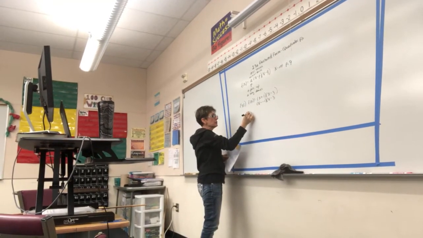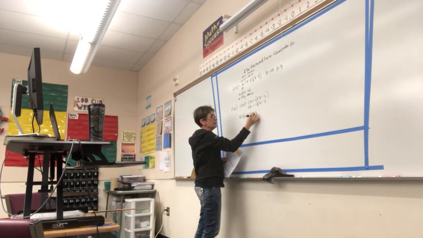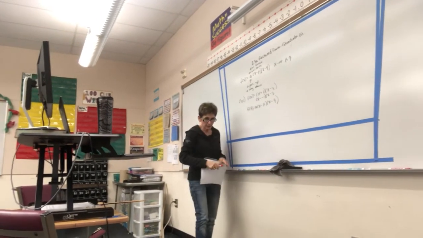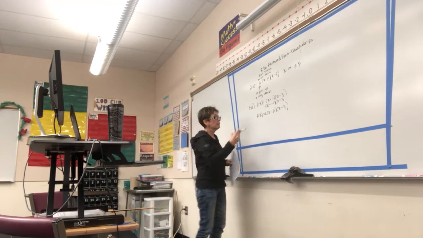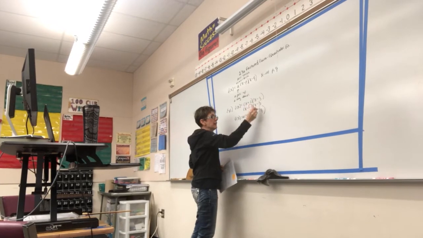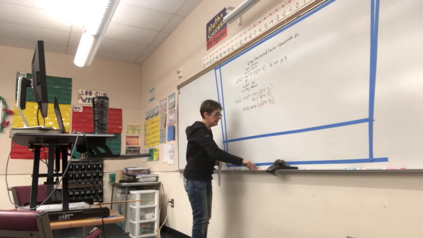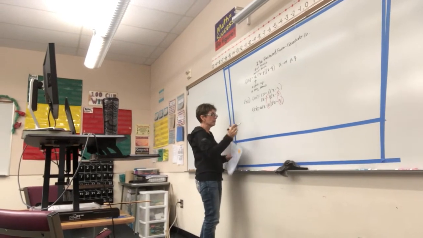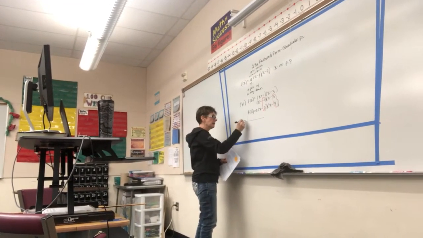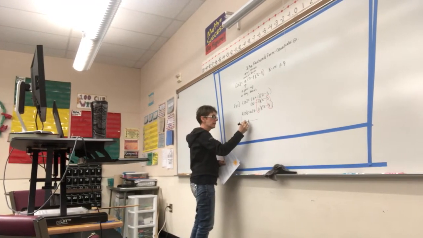Because we're just starting out, if it helps you, we can write x minus p times x minus q underneath it and line everything up. If you do, you can see that p is negative 1 and q is positive 3.